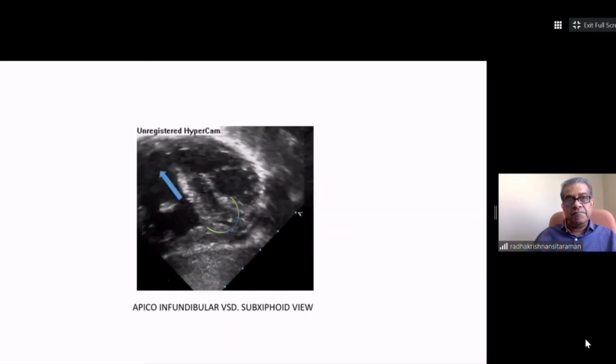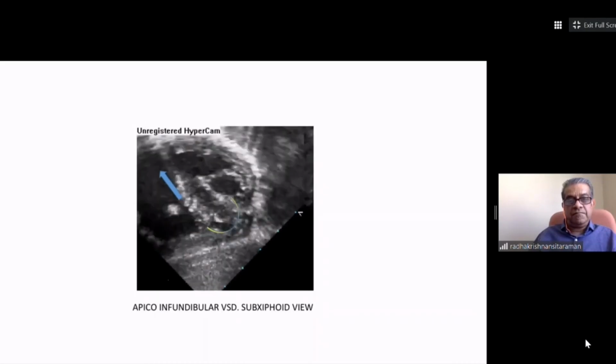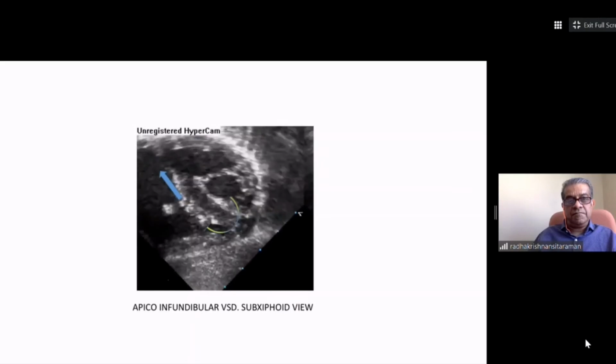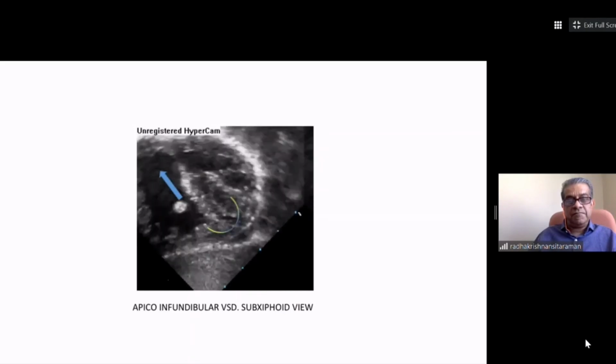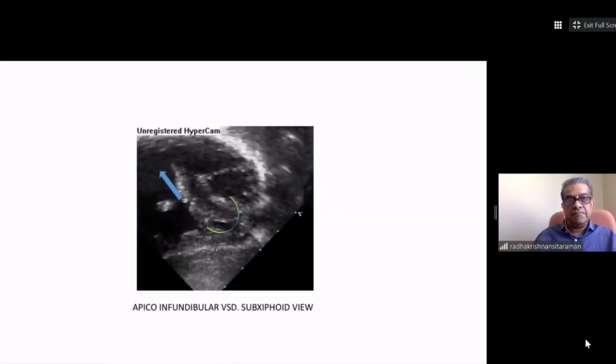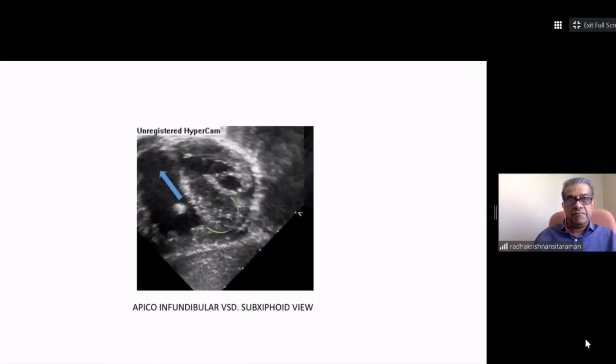So unless you are satisfied with the images that you have, going ahead with any form of intervention, be it transcatheter or surgical, can produce real disasters. And some of the images which Radha showed, I have been seeing them for years, just terrific. Thanks for sharing your experience, Radha.